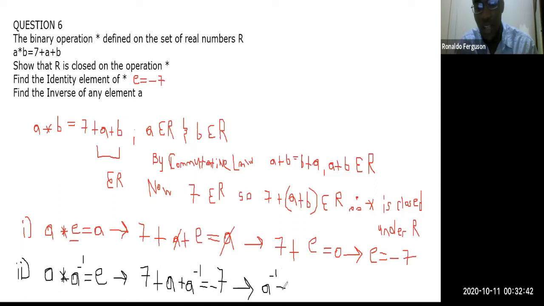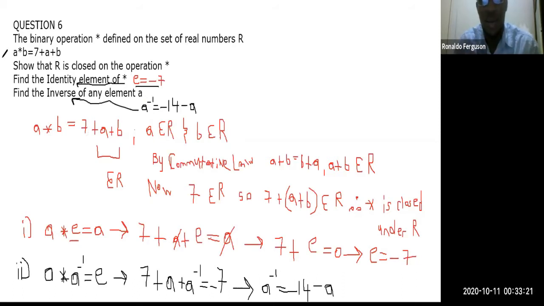We get A to the -1 is equal to, bring over 7, we get negative 14, and then bring over the A, we get minus A. And so the inverse of A, which is A to the -1, is equal to negative 14 minus A. So this is the inverse, and this is the identity. Alright? So very easy questions.